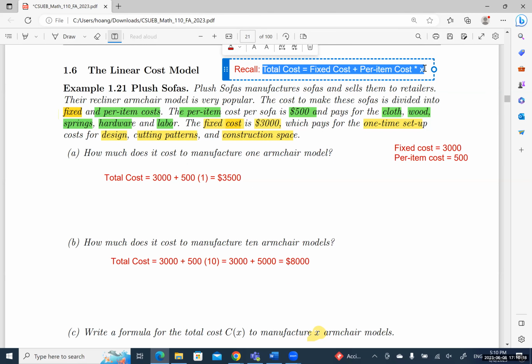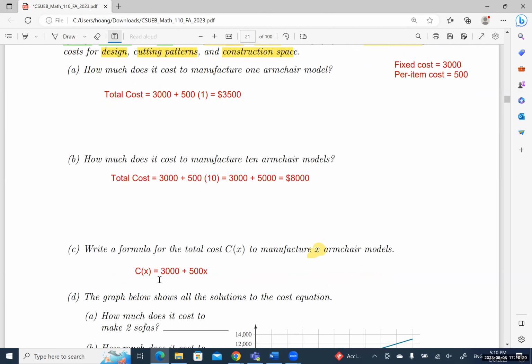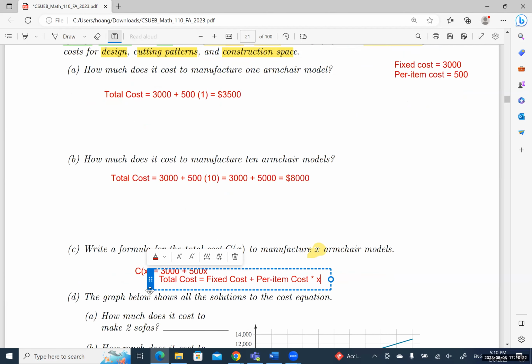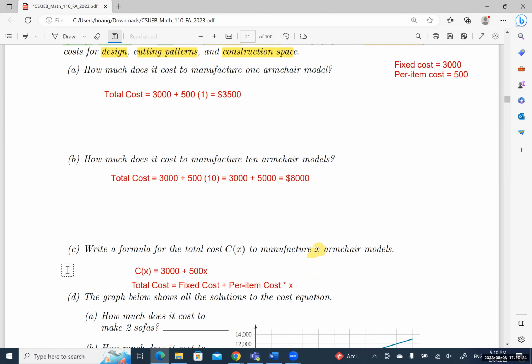Total cost will be equal to fixed cost plus per item cost times X. And sometimes per item cost is called variable cost.